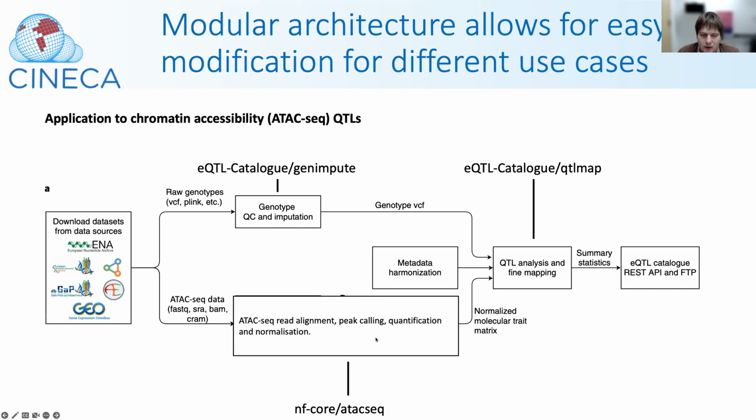We take a different workflow to quantify chromatin accessibility and normalize it. There's a public workflow available from the nf-core repository that you can use, and we have used this. And then you take the output from this nf-core workflow and GenImpute, and then reuse the QTL mapping workflow to get the association summary statistics. So you can take these modular bits and combine them in different ways without having to write a lot of new code.